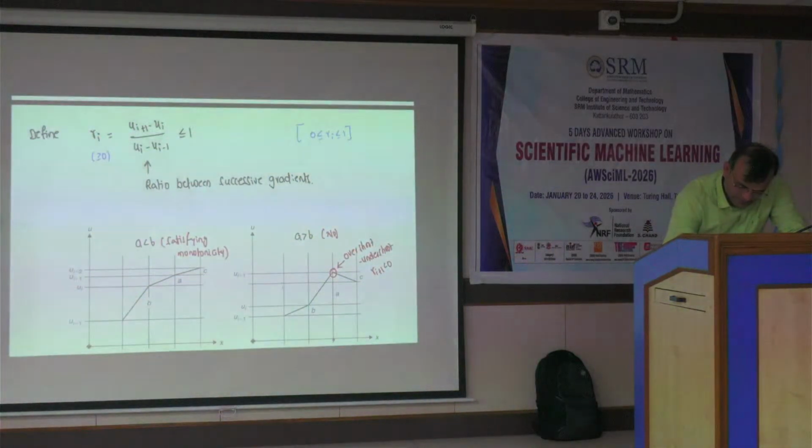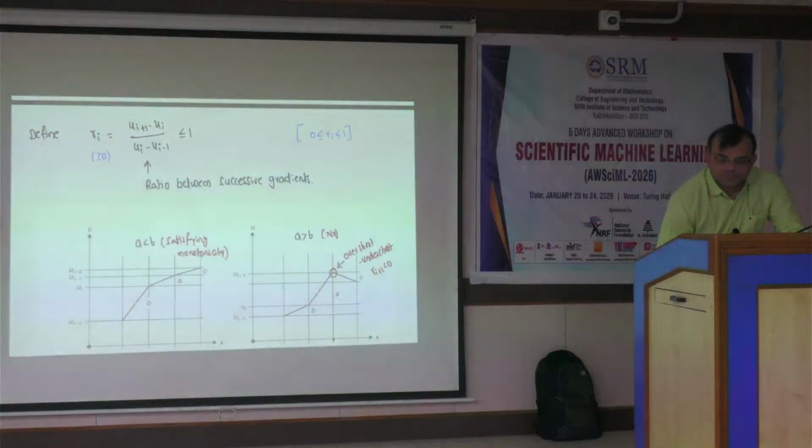For example, this is the u_{i+1} minus u_i slope, and this is the u_i minus u_{i-1} slope. If these two slopes ratio is less than or equal to 1, it is satisfying the monotonicity of the solution.